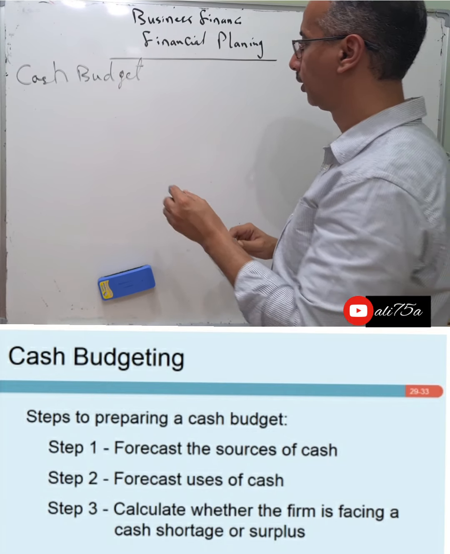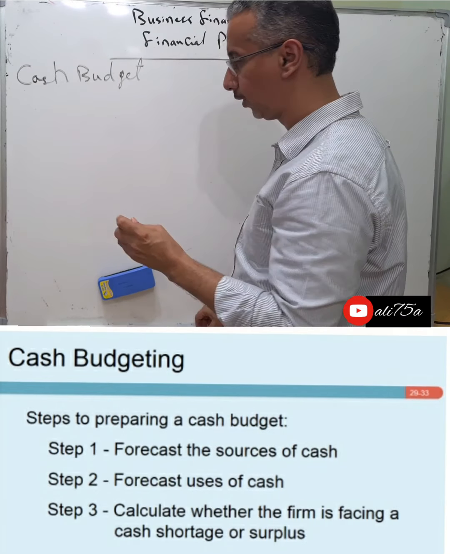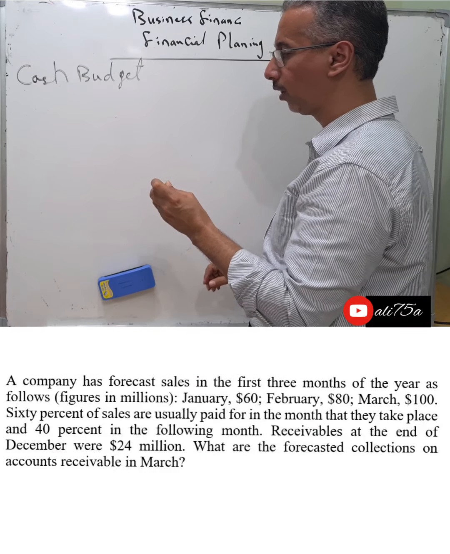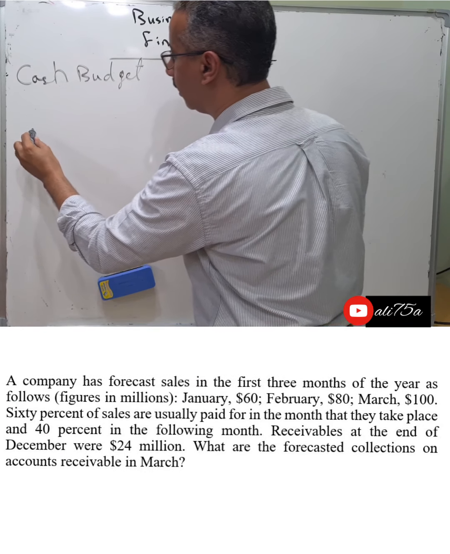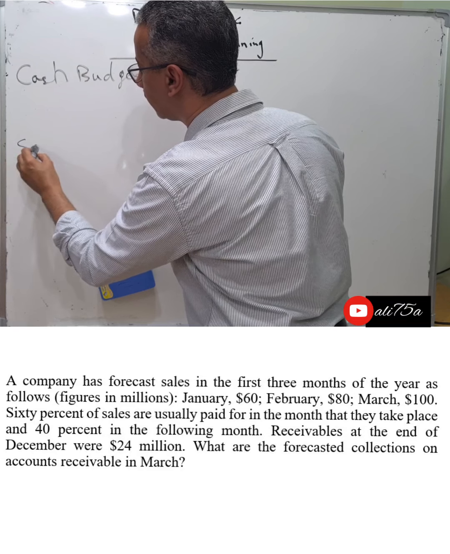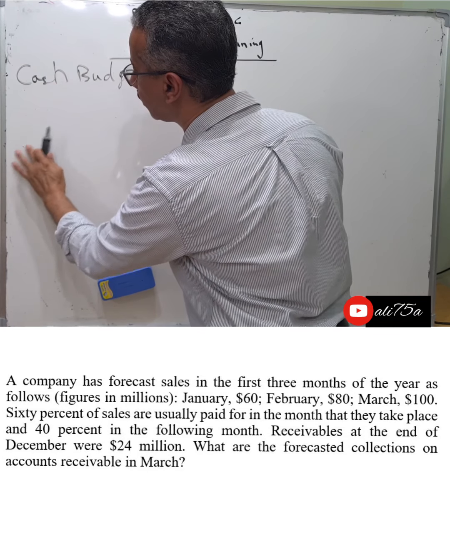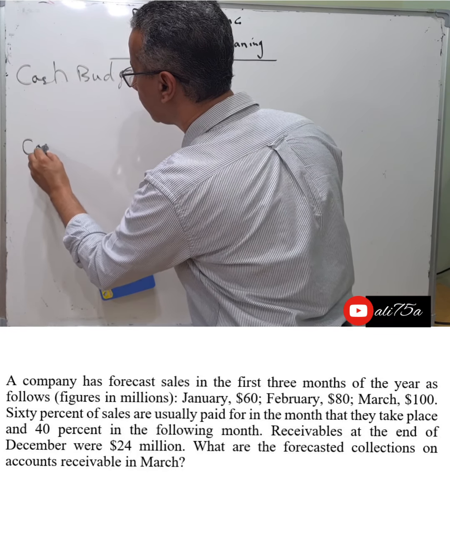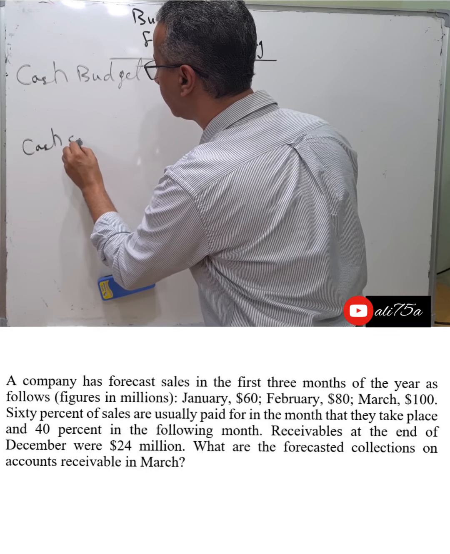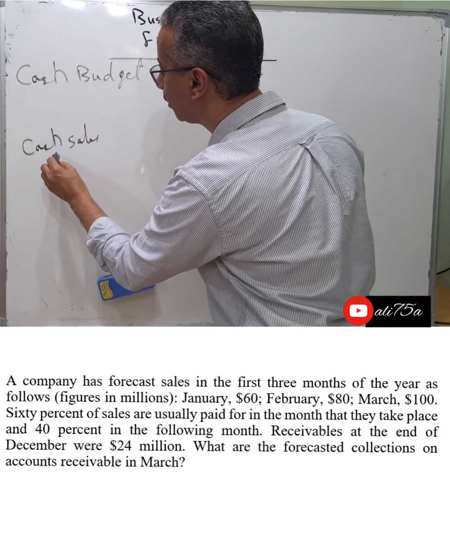All right. So we have sales for 3 months, cash sales, how much? 60%.